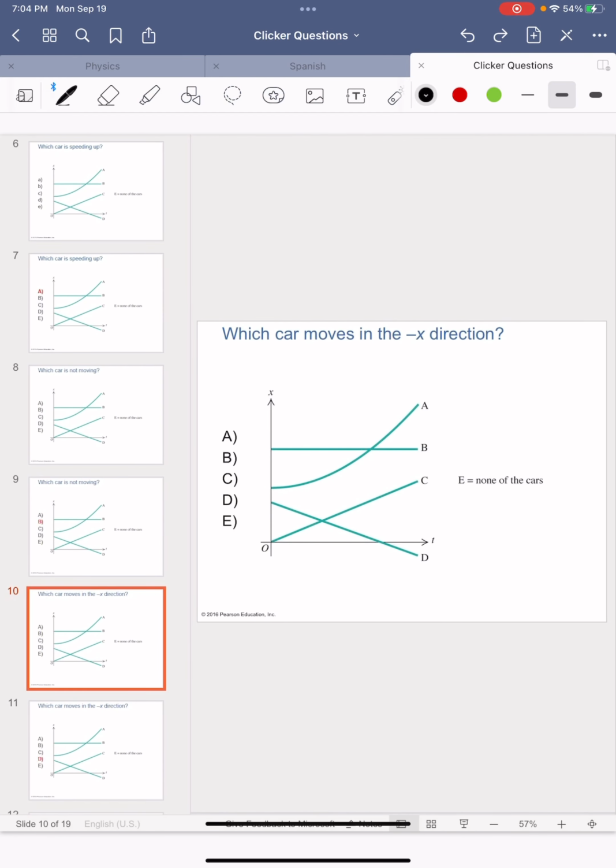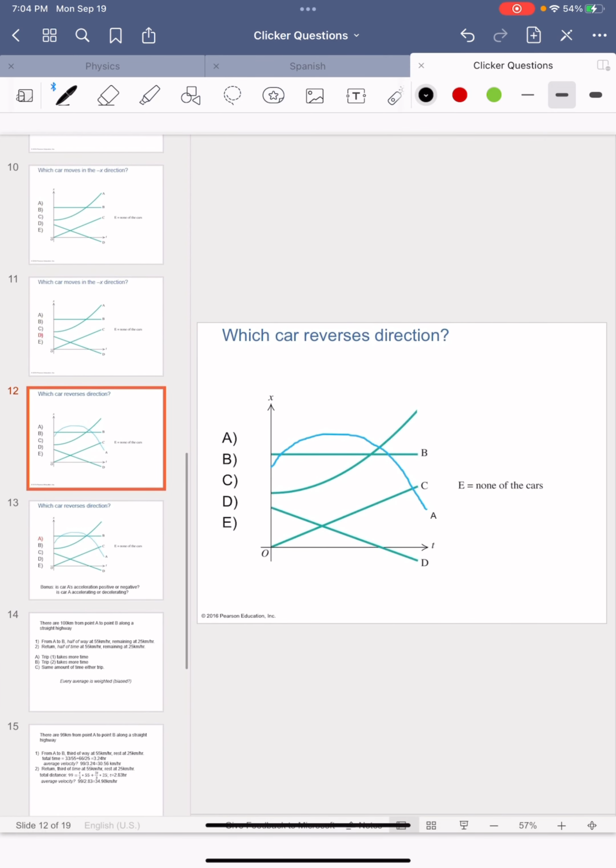Which car moves in the negative x direction? I already said that we will have this question, and here D is the answer, since you can see that the line is going downwards and x is decreasing, right? So it's moving in the negative x direction.